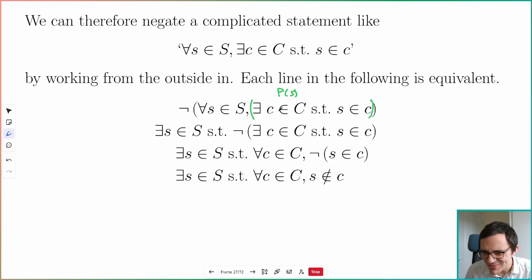The college is sort of a dummy variable in this. Anyway, never mind. So I have some property of students. Then we know how to negate this initial for all s in S. The way we negate that is we write there exists s in S such that not the statement about students. So I've kept the statement there, and I have a not symbol out the front now.